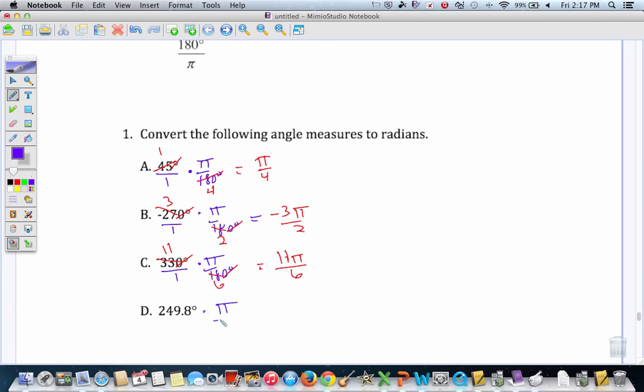One more time. This time we have a decimal. So this one, the only thing we would probably cancel is the degree symbol, numerator and denominator.